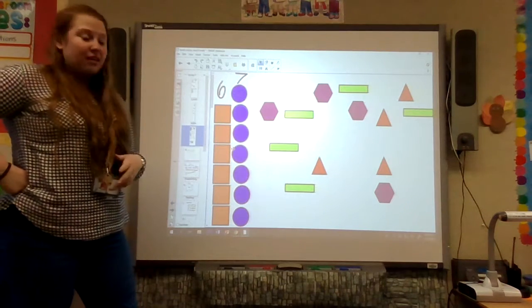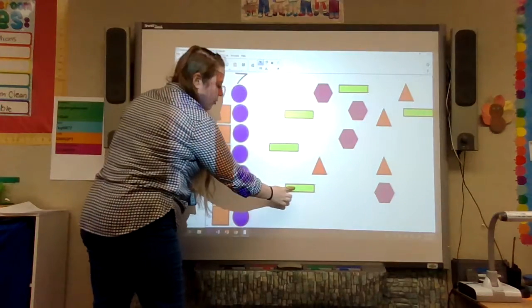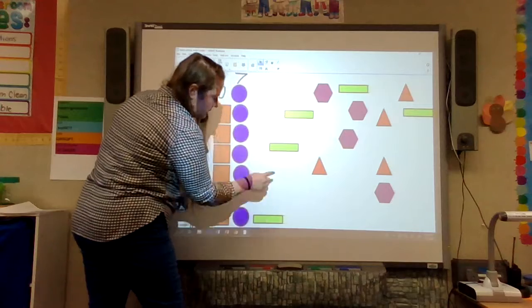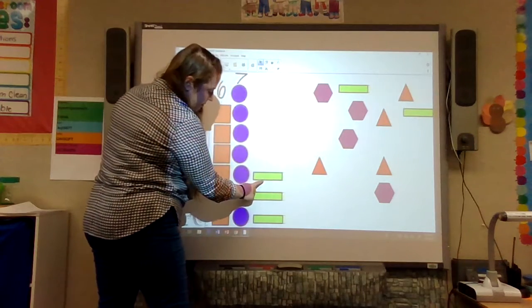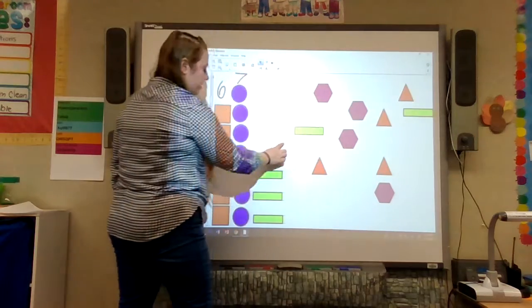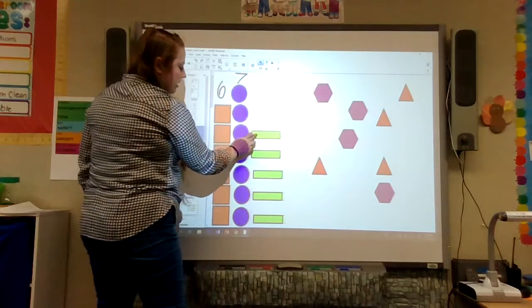Thinking maybe rectangles. All right, I'm going to move this out of the way. I'm going to bring my rectangles down and stack them into a nice column. And here.